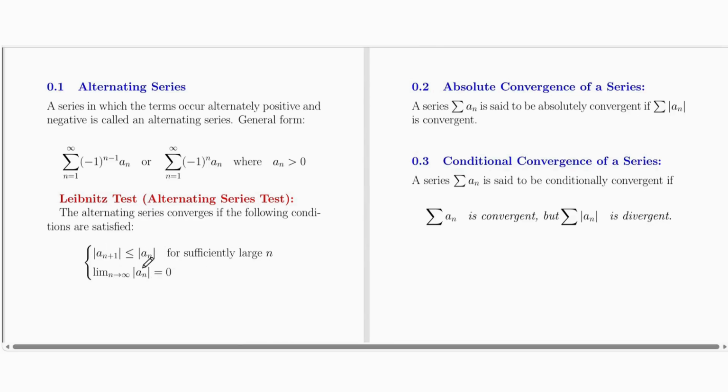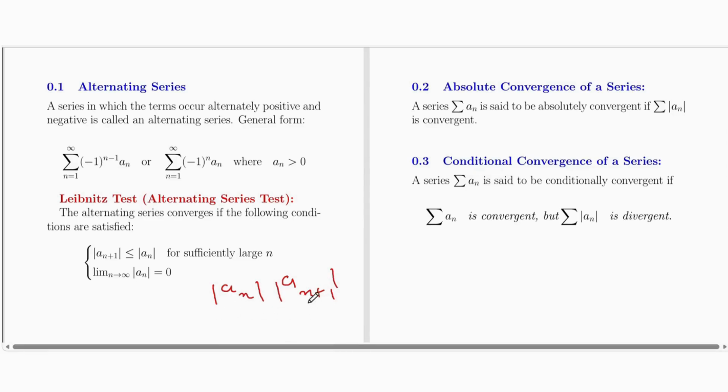So what does it mean? From the alternating series, first find an. Then take the absolute value of an. Also find an plus 1. So how to find an plus 1? In the an term, n is replaced by n plus 1. Take its absolute value.